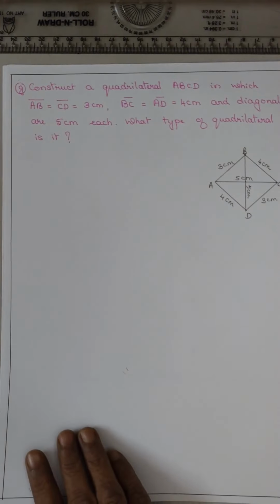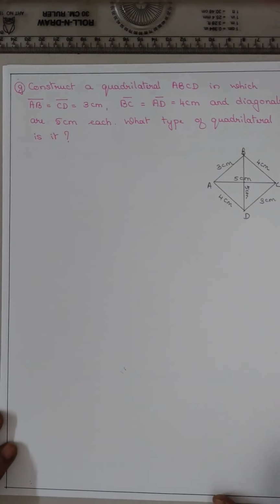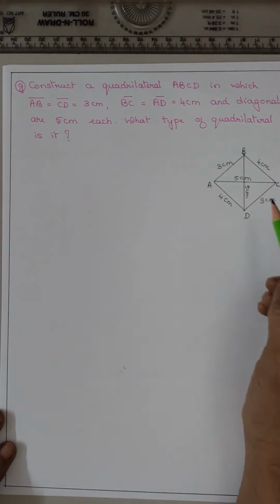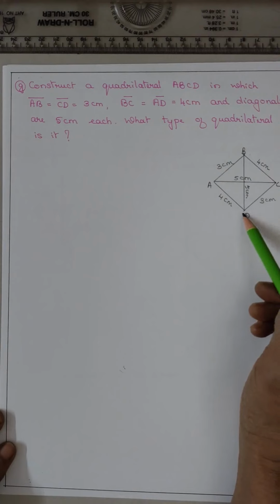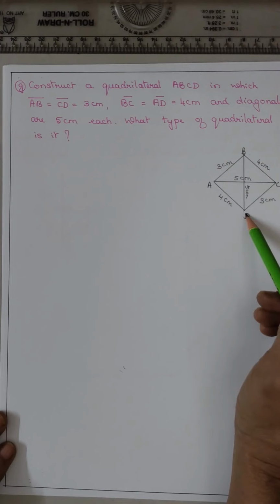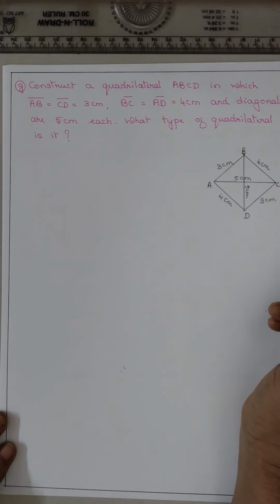Now coming to the question G. Construct a quadrilateral ABCD in which AB is equal to CD is equal to 3 centimeter. BC is equal to AD is equal to 4 centimeter.